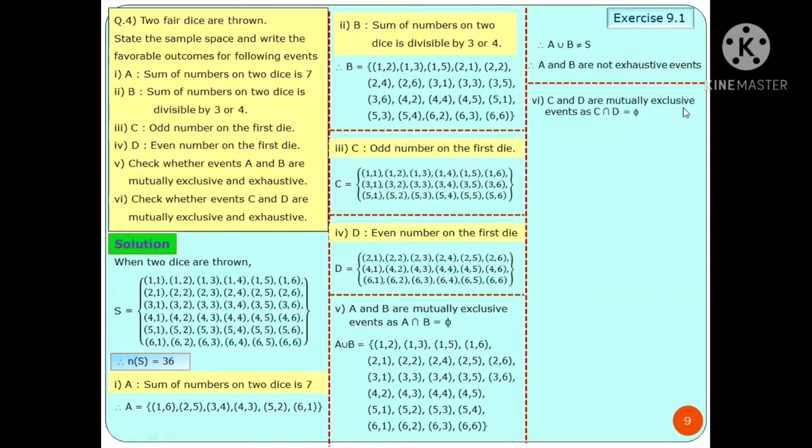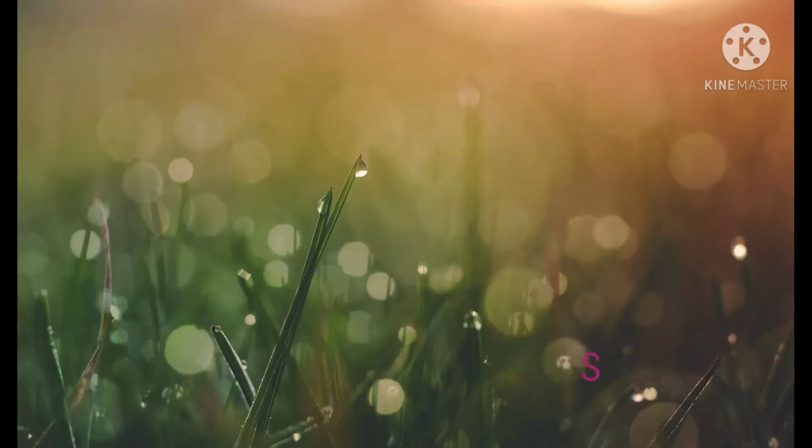And if you take the union of these two sets, that union gives the complete sample space. Hence C union D is equal to S. That means events C and D are exhaustive events.